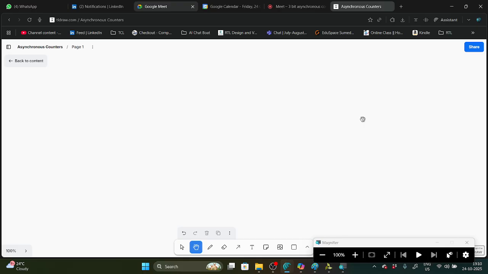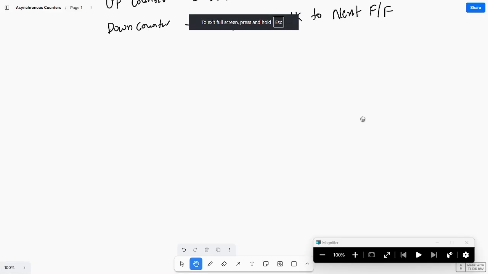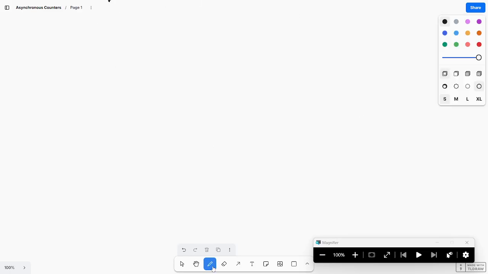Mod N counter means from where to where it will count: from 0 to N minus 1.